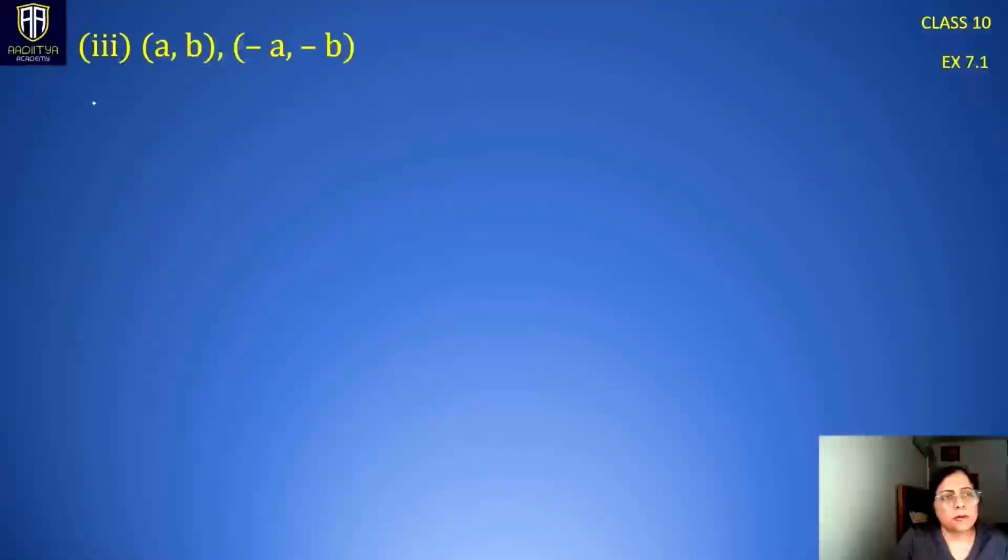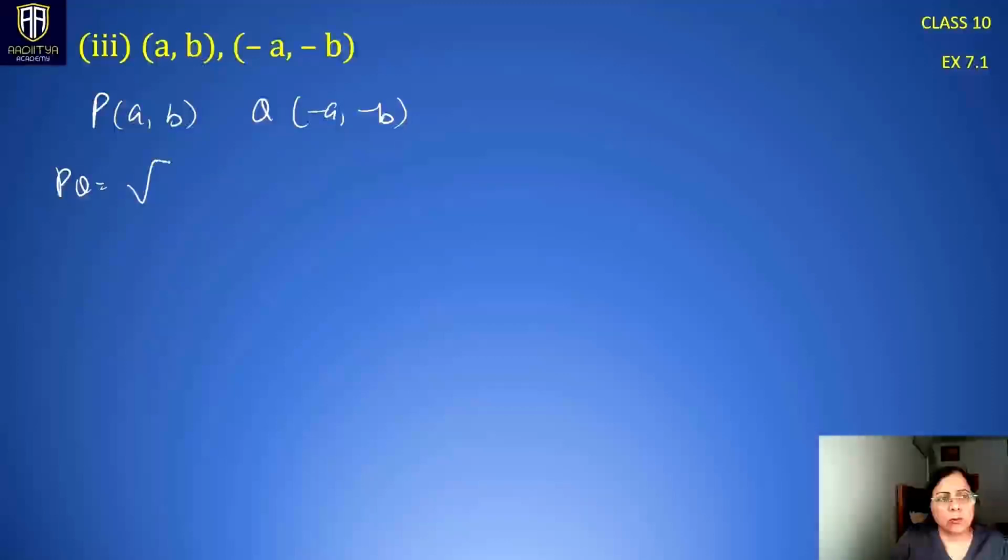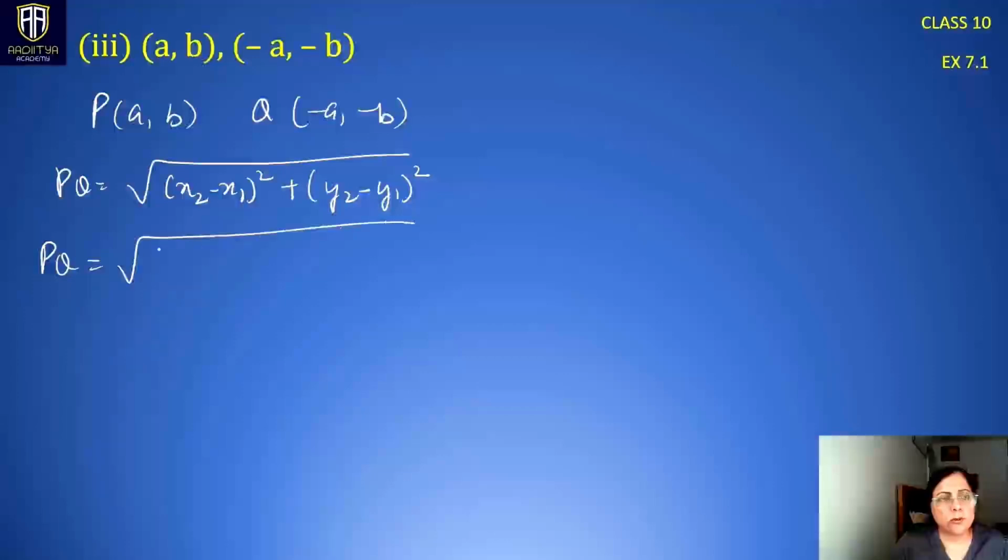Third is, let P be (a, b). Q represents (minus a, minus b). For the distance PQ, the formula becomes the square root of (x2 minus x1) whole square plus (y2 minus y1) whole square. So we simply have to substitute these values. x2 is negative a.